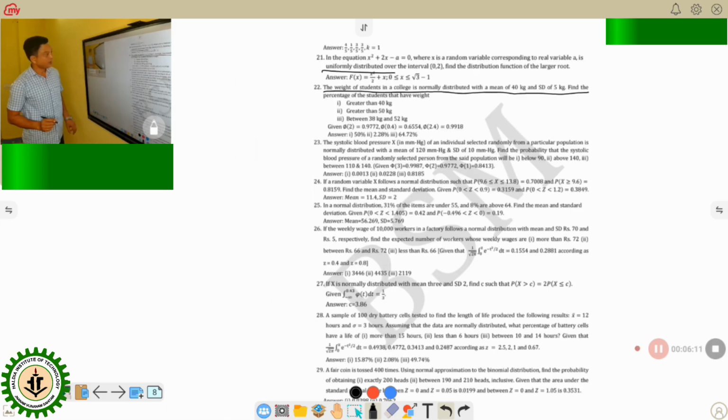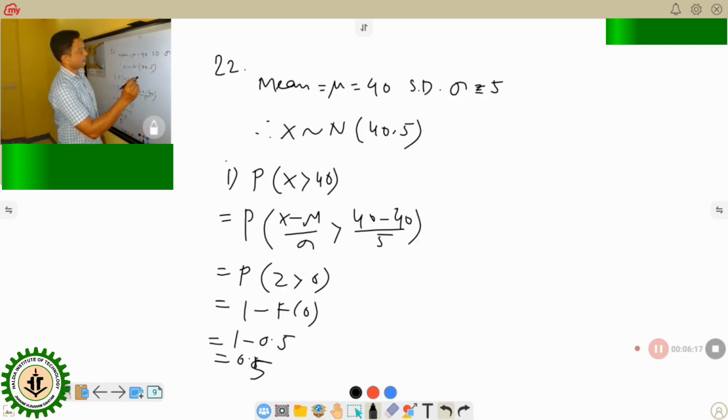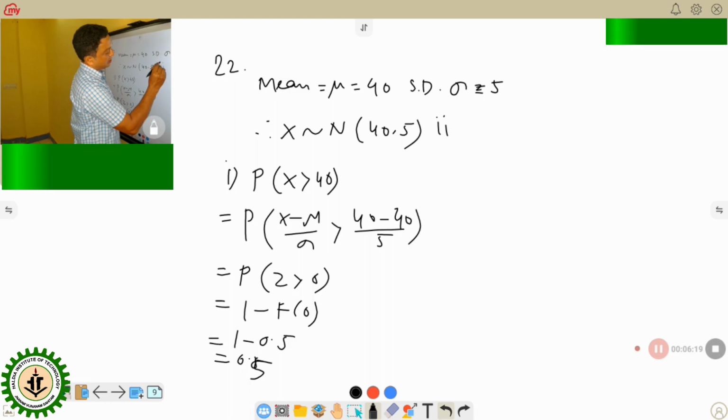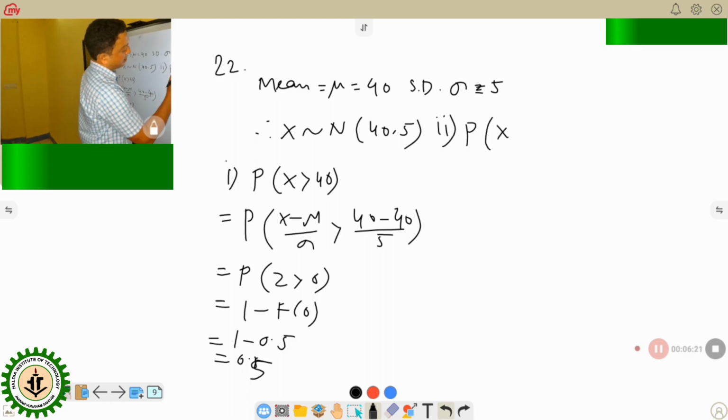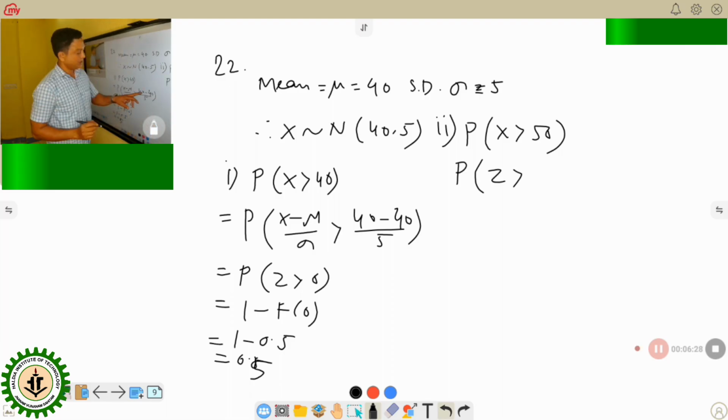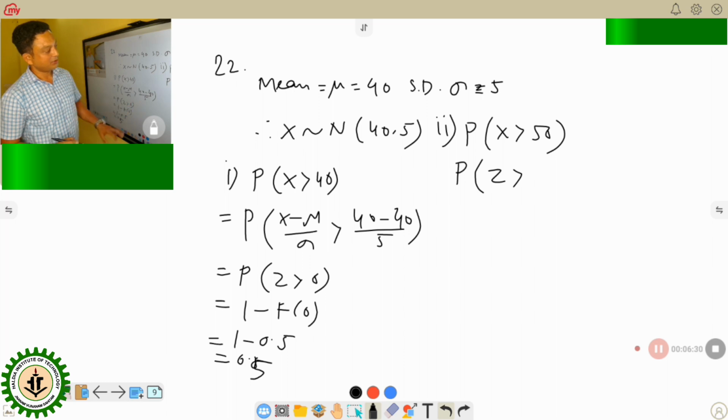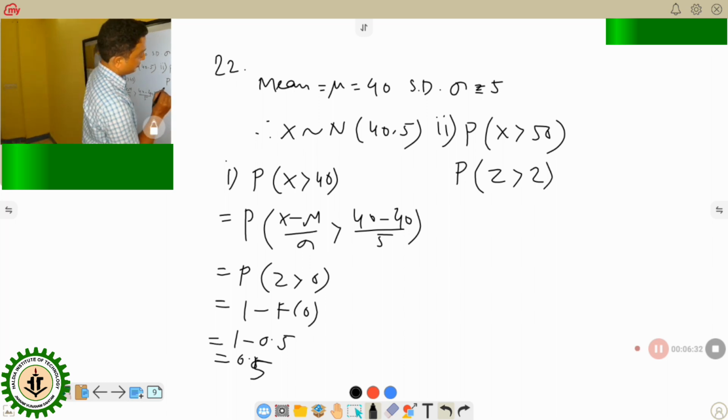Now next question. This is greater than 50. So number 2, you are finding probability of x greater than 50. So now we can write directly z greater than 50 minus 40 divided by 5, so you are getting 2. Since this is greater than, you have to write 1 minus F of 2.